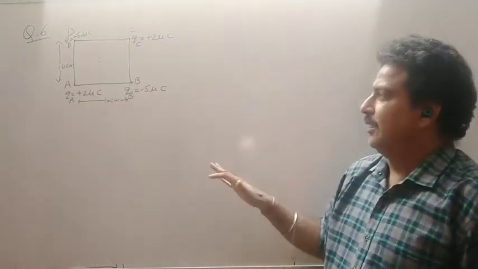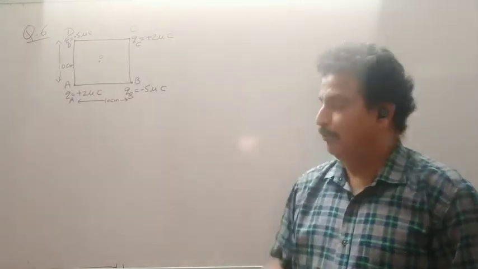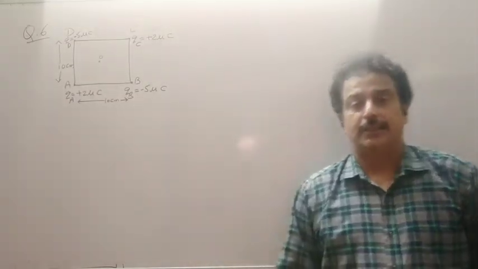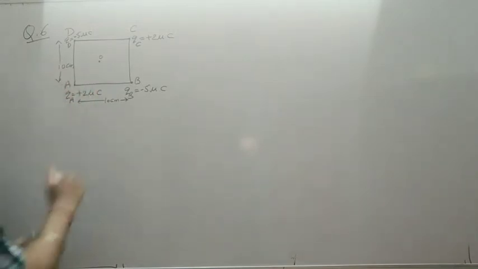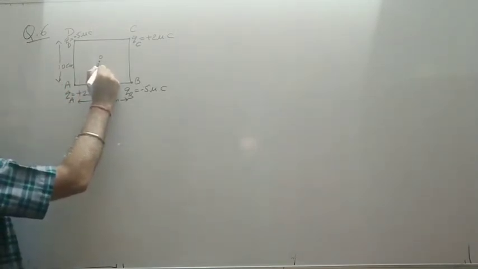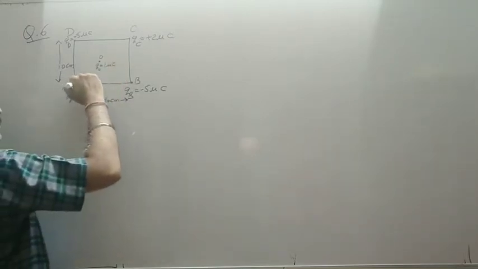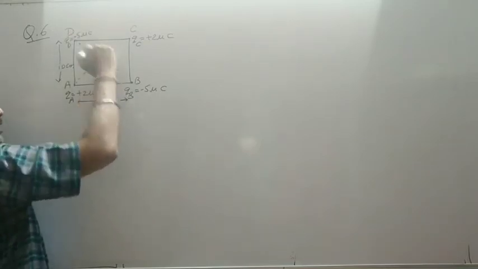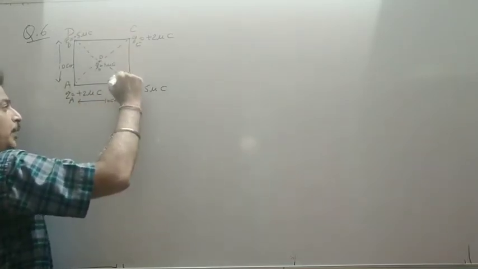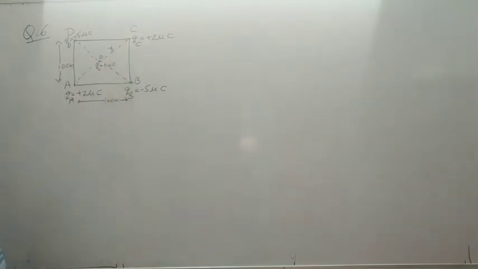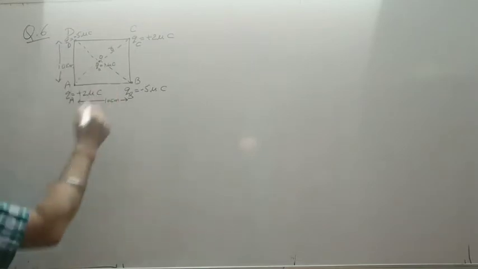But let us prove this by writing the theory for it. Otherwise, it is an MCQ. Direct answer: at the center, the resultant force will be 0. Now it is given that a charge Q naught of 1 microcoulomb is kept at the center. So first I am joining the distance between the center and each vertex and let us denote it by R. Now we will find out the direction also.